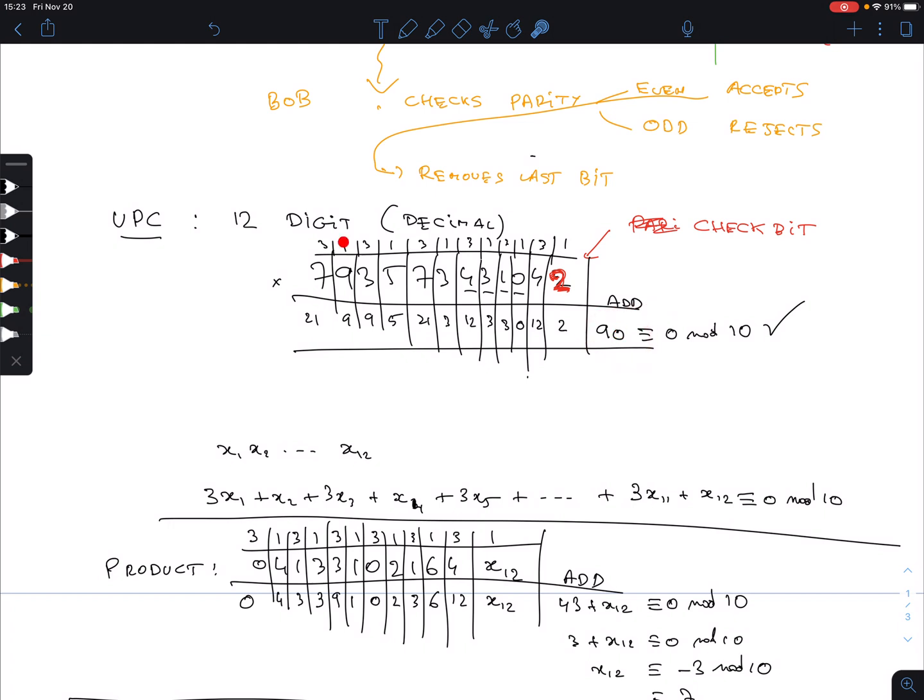If you swap these 2, then instead of 21 this becomes 3 times 9, which is 27, and this becomes 1 times 7, which is 7, a different number if you just add these 2 up, right? So swapping of digits of different parity will be detected, but the other case will not be detected.